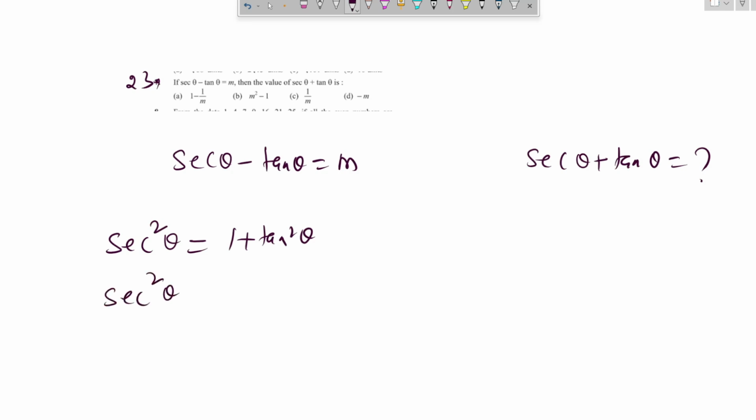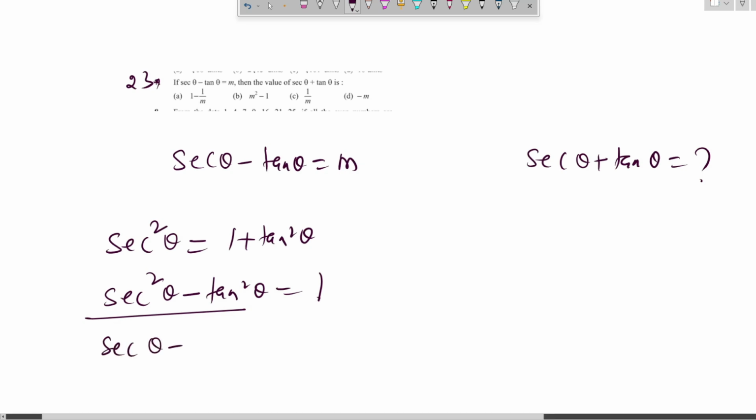First, rearranging the equation, secant square theta minus tan square theta is equal to 1 we got, and this is in the form of a square minus b square. So secant theta plus tan theta into secant theta minus tan theta equal to 1.